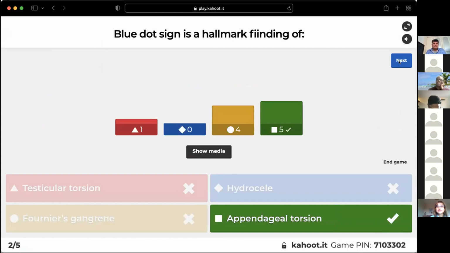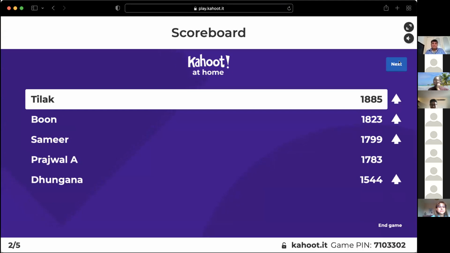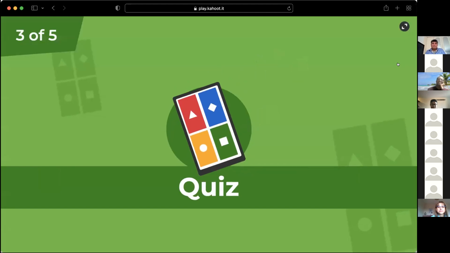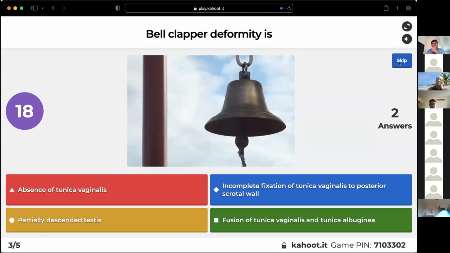And 4 people think they're clever. So, Saurab, which is the correct answer? The appendageal torsion, of course. So the blue dot sign is appendageal torsion. All right. Next, again: the bell clapper deformity.